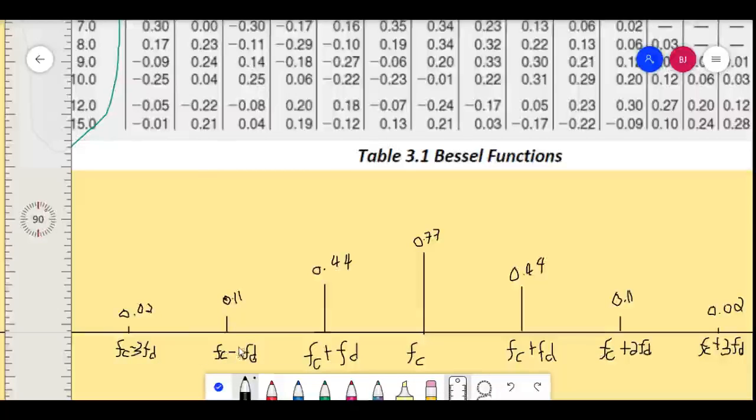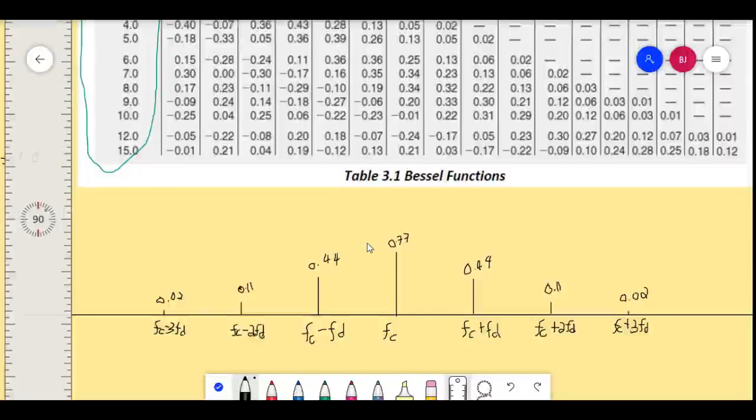So FC minus 2FD, because this is in the lower sidebands, or the lower part of the sideband. So this is supposed to be minus as well. So this would now be our completed FM frequency spectrum with corresponding labels and amplitudes.